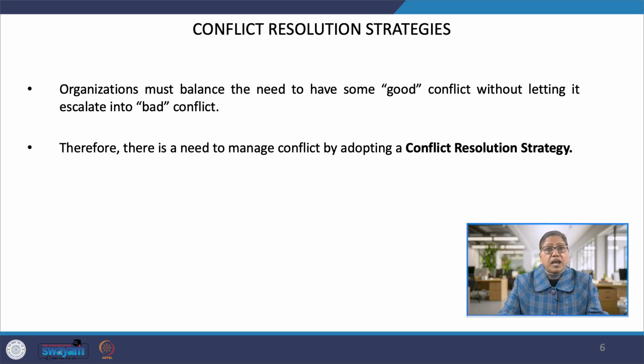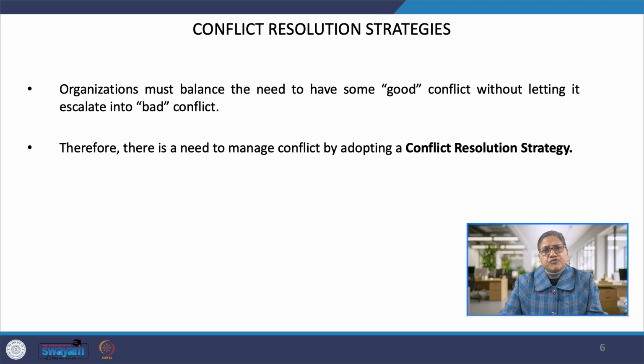Organizations must balance the need to have a good amount of conflict without letting it escalate into bad conflict. So, there is a need to manage conflict by adopting a conflict resolution strategy, which is a planned approach to handle, reduce or resolve conflict in the workplace.